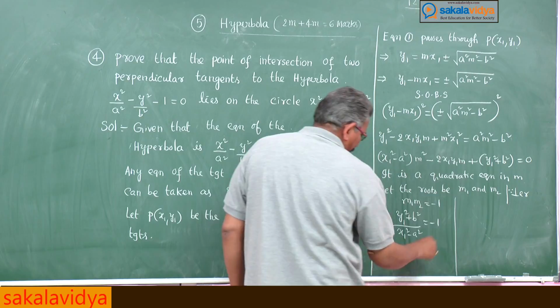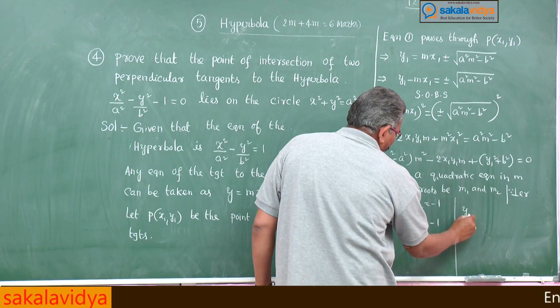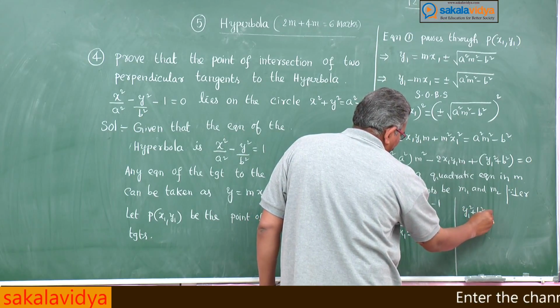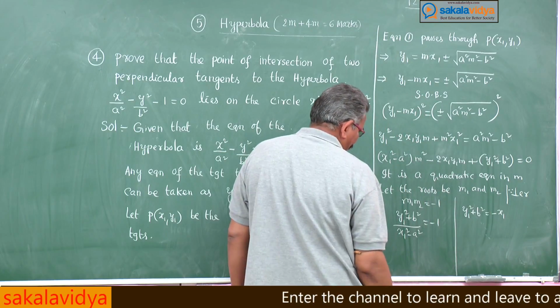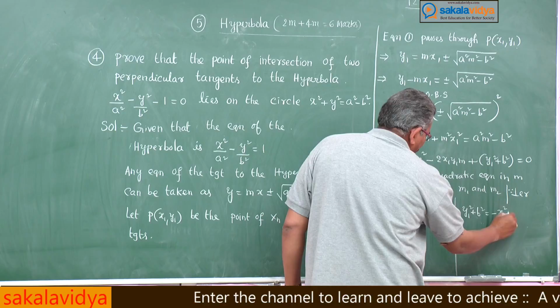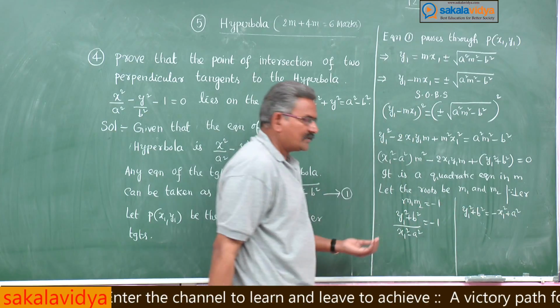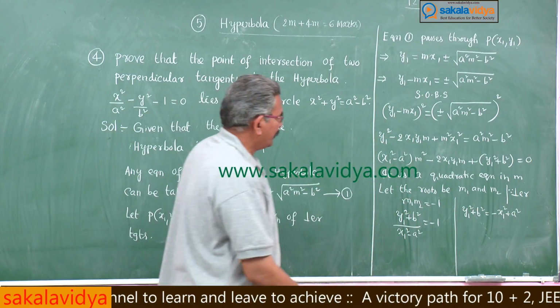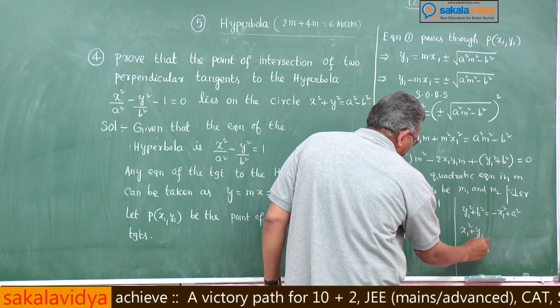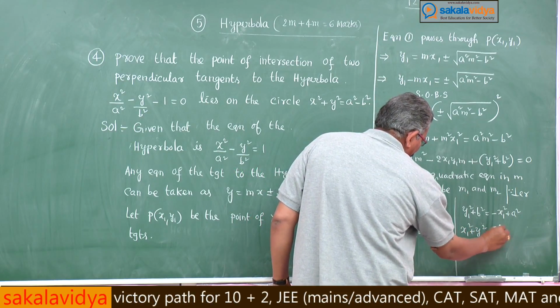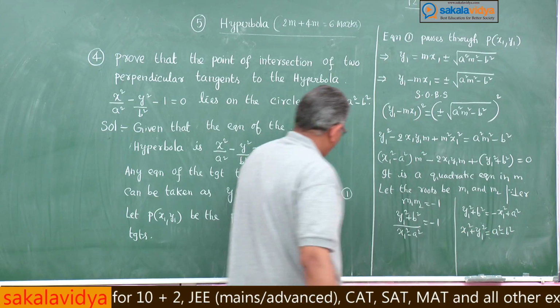Cross multiply. y1 square plus b square is equal to minus x1 square plus a square. Bring minus x1 square this side, b square that side. So, x1 square plus y1 square is equal to a square minus b square.